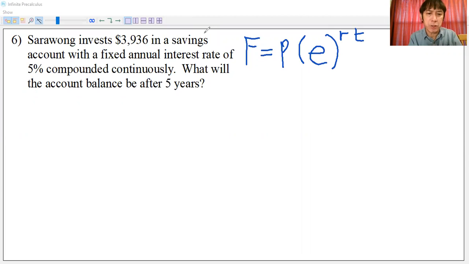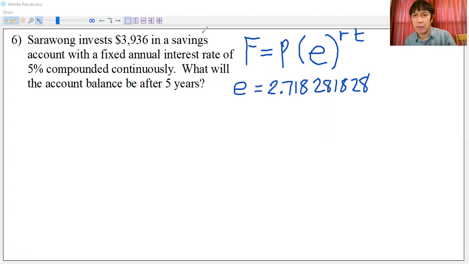You can see the exact value on the calculator: 2.718281828. That's the constant, the Napierian base under natural logarithms.